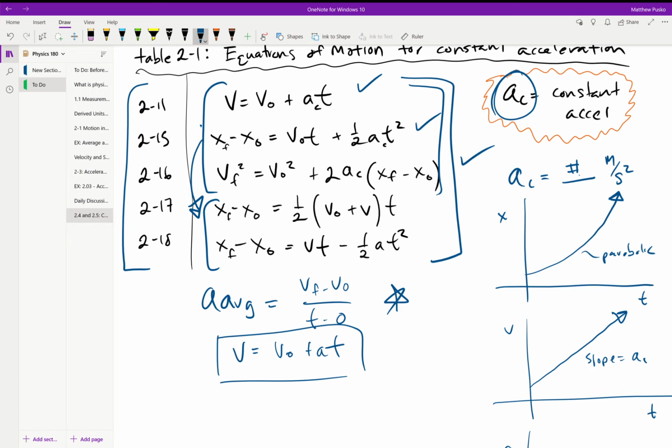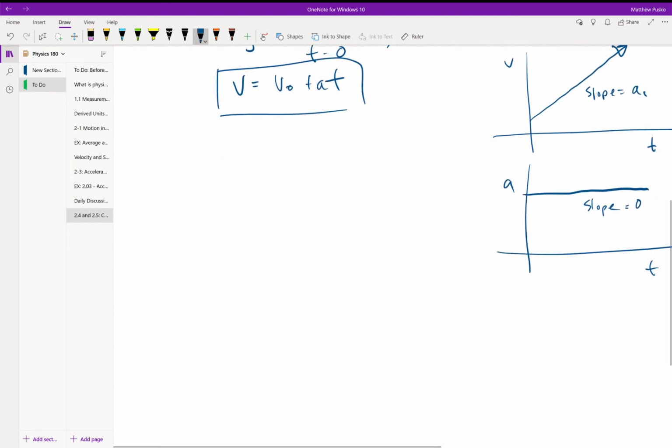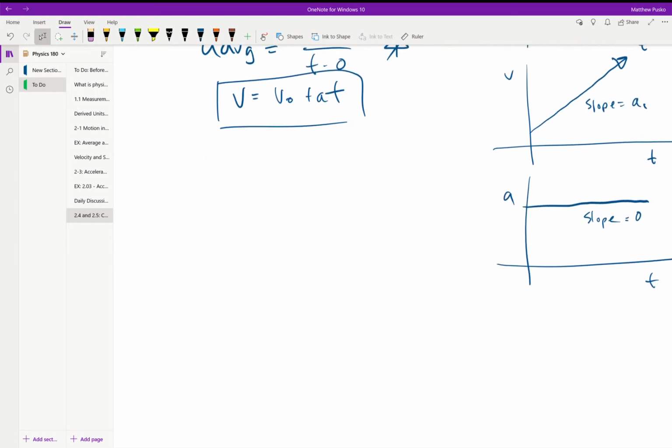Okay, so the reason I like this method is because all you have to do is remember a definition. And it works for non-constant accelerations too. So I'm going to denote constant acceleration as a sub c. And let's start out with the definition of acceleration. That is equal to dv dt.